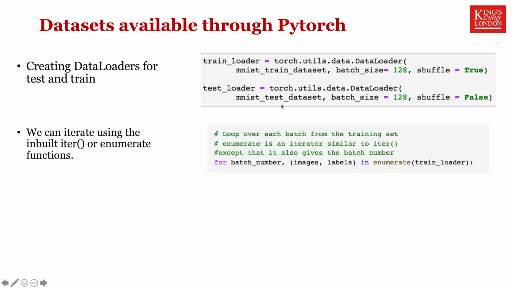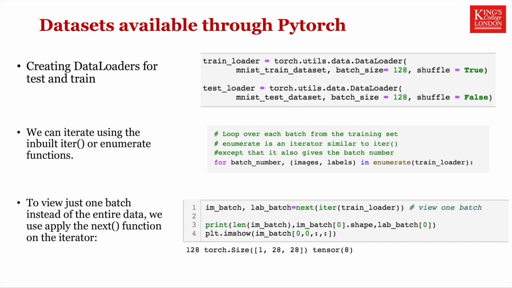We can then iterate through the dataset, selecting batches using the inbuilt iter or enumerate functions as shown. The difference between these being that enumerate will also return the batch number. Alternatively, to just return one batch, you can instead use the next function as shown. We can use this to check the batch shape, for example.